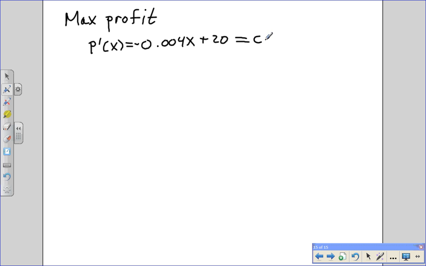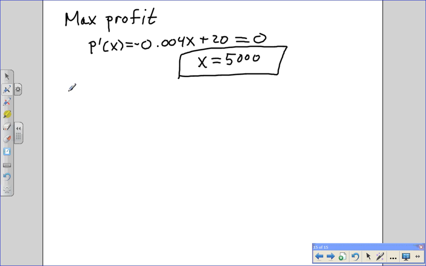For max profit, P prime, which was negative 0.004x plus 20, has to be 0. And if you solve that, you get that x is equal to 5,000. So they have to produce 5,000 flashes for maximum profit.